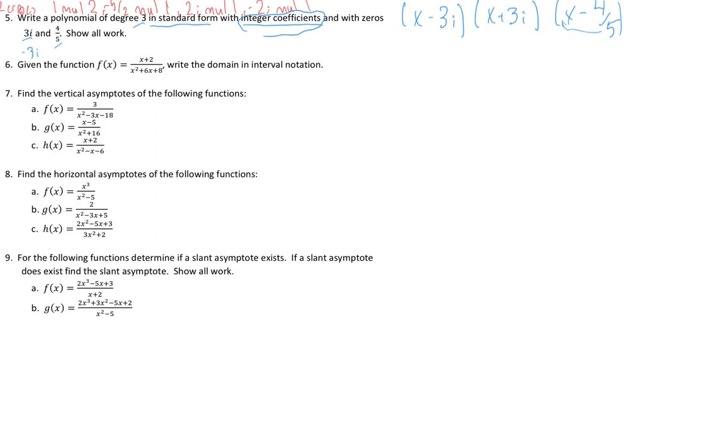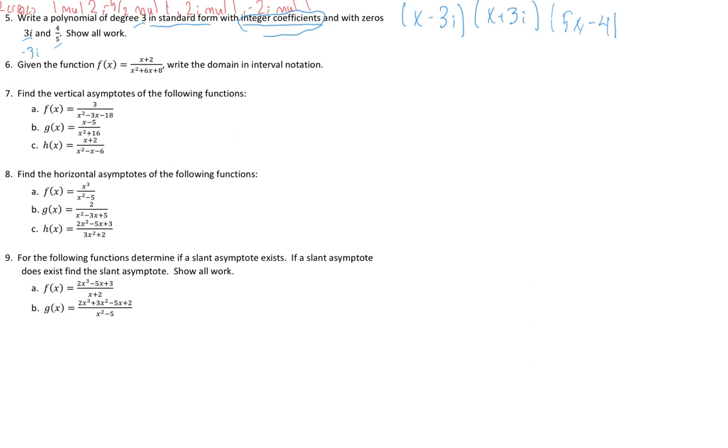I kind of did that on a previous one. I'll explain this a little bit more. If we have 5x minus 4, if I plug in 4/5 into this, we'll see that the 5's cancel, and then 4 minus 4 is 0.